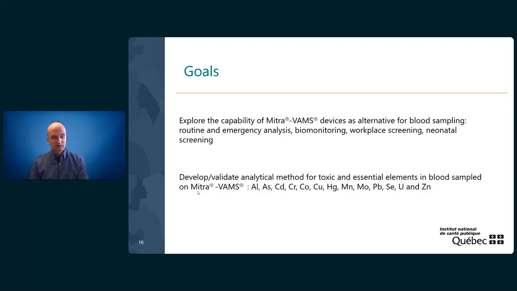The second objective was to develop and validate an analytical method for some toxic and essential elements. Here is the full panel. Among them are aluminum, arsenic, cadmium, but also essential elements like copper, selenium, and zinc.